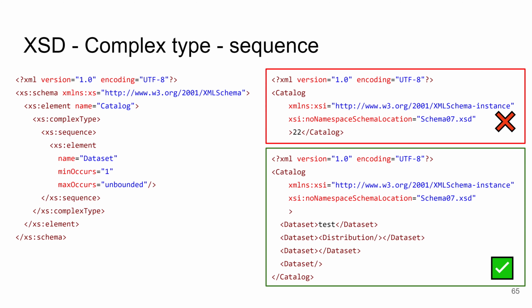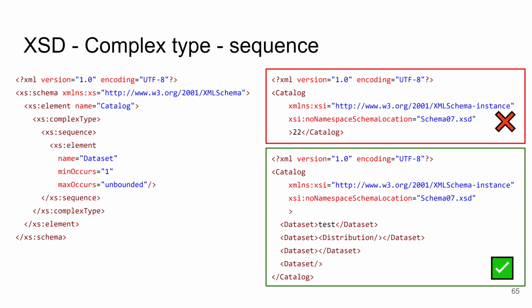So the order of elements in that sequence needs to be the same in the instance as it is in the schema. So here we have a sequence of one element, and that one is called a data set, and it needs to occur at least once, but it can occur multiple times.